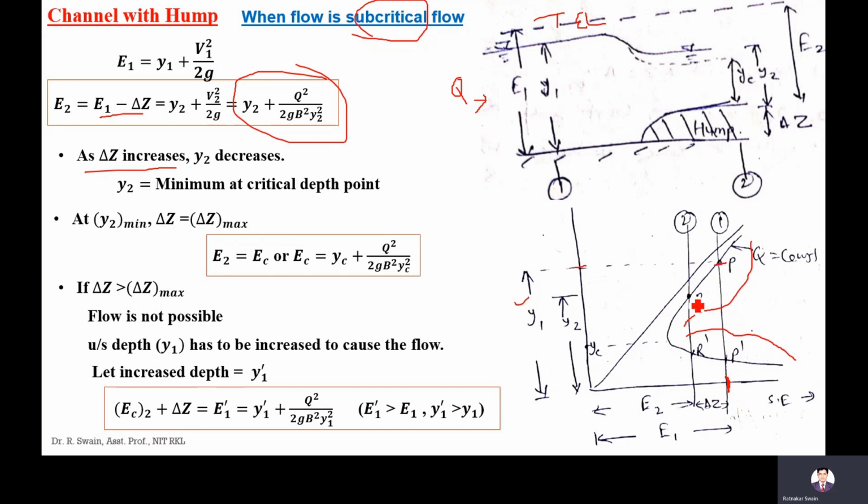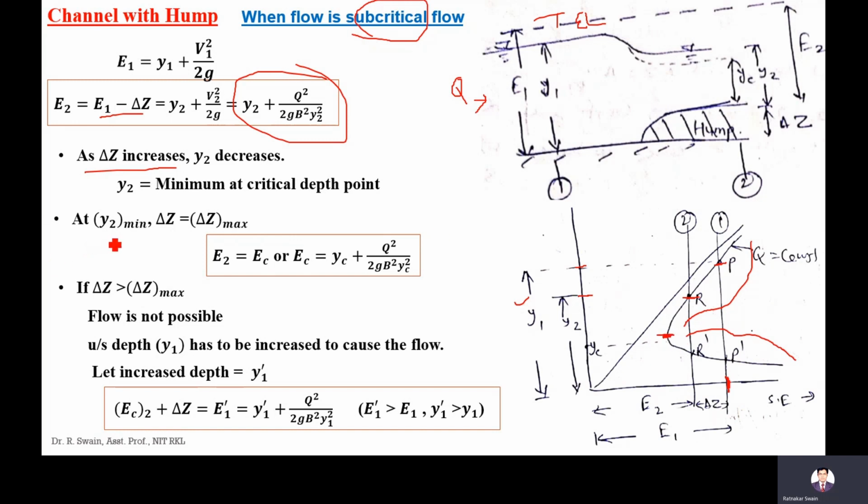At section 2, E2 decreases, so this will be your Y2. So the depth will decrease. Again, if you increase delta Z, E2 will decrease and Y2 will decrease, up to this YC. After that, flow is not possible.